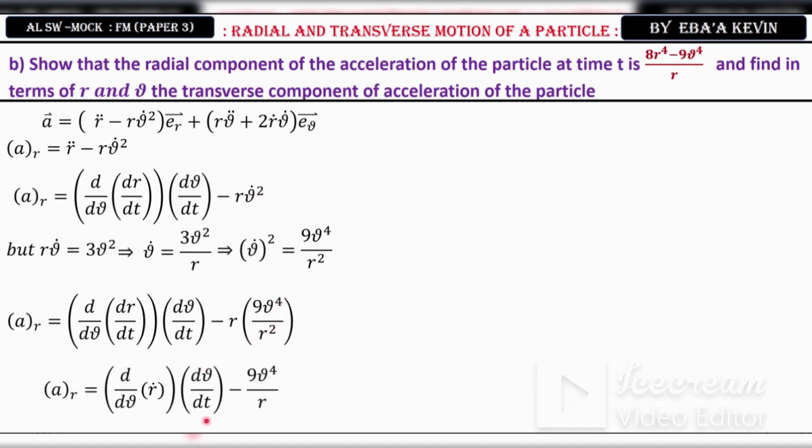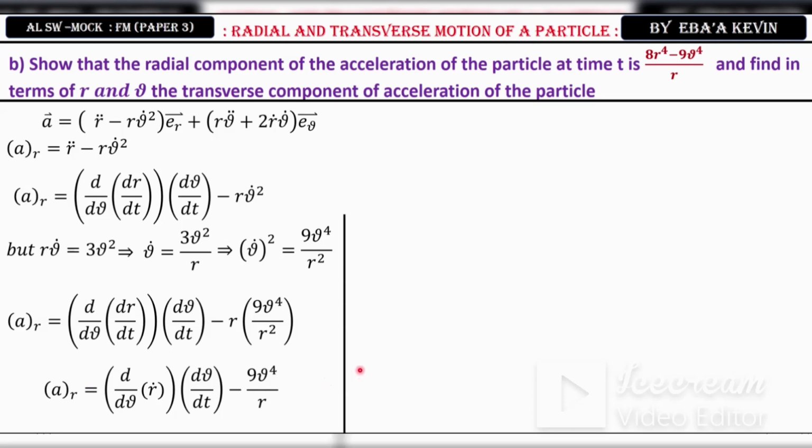For which, further simplifying, we are going to obtain the radial component of acceleration to be equal to d r dot, remember this interior term, that is the r, d theta is actually r dot, d theta, times d theta dt, minus 1 r is going to cancel with 1 r in the denominator, from which you are going to be left with minus 9 theta raised to the power 4 divided by r.